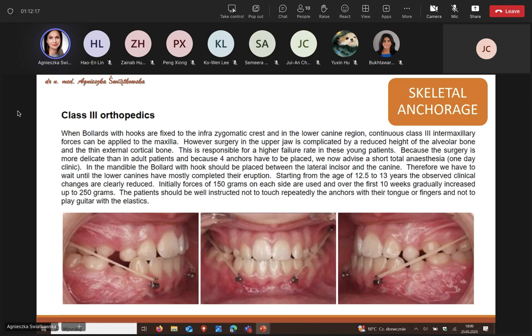We had a few patients who were treated for free, but nowadays it's very expensive, and in this situation the patient needs an operation with general anesthesia. That's why we don't use this method very often. The patient wears these elastics all the time, but the power which we use is much smaller than that which we use during treatment with the facemask.